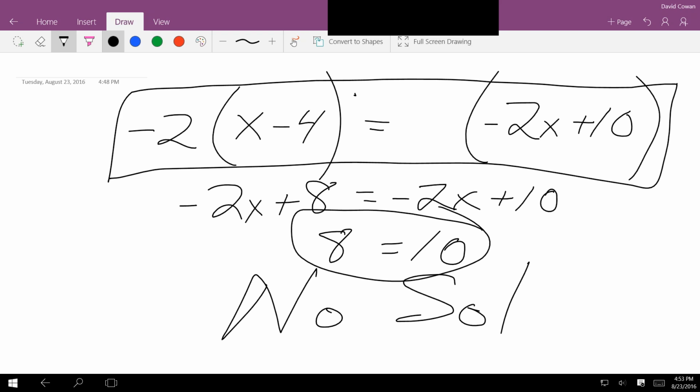Now let's modify it just slightly. I'm not trying to confuse you here, but I want you to be aware. Now solve this one.